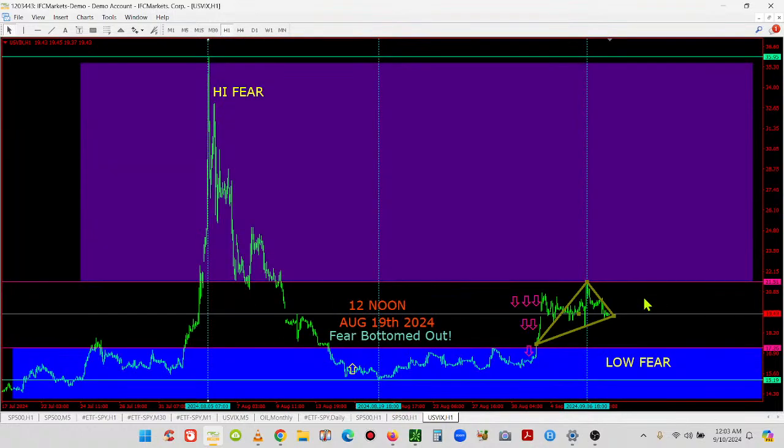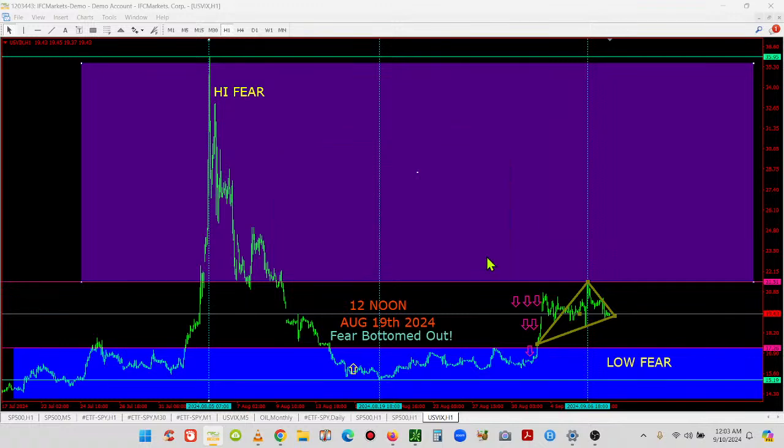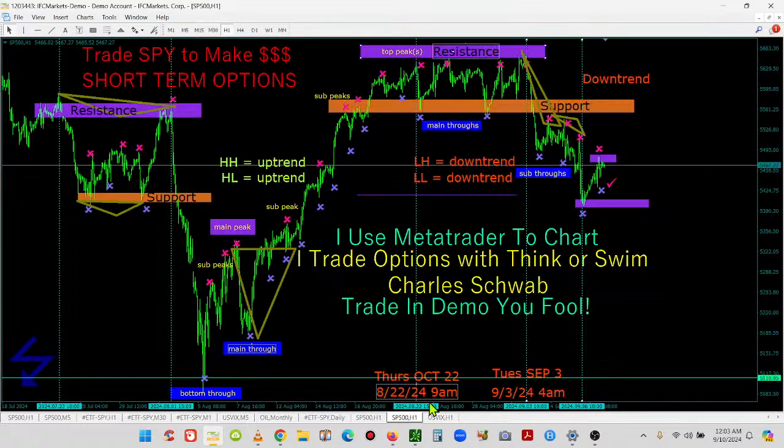But if the VIX goes into, what is this color? The indigo zone. Okay, that's not red. What is it? If it goes in indigo, indigo zone. Let's put our code word as indigo.